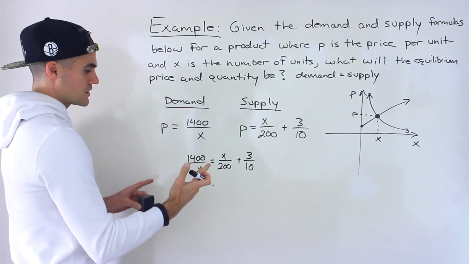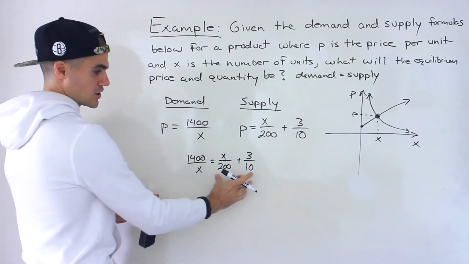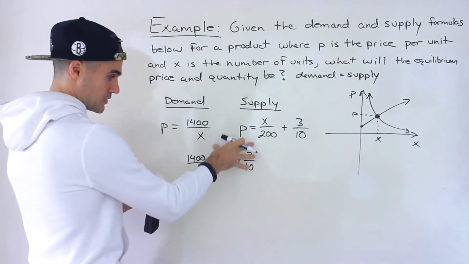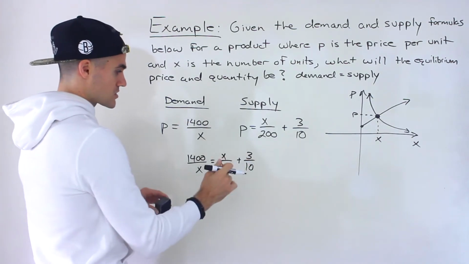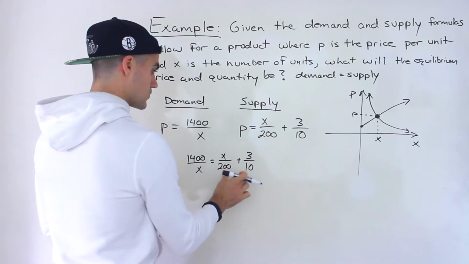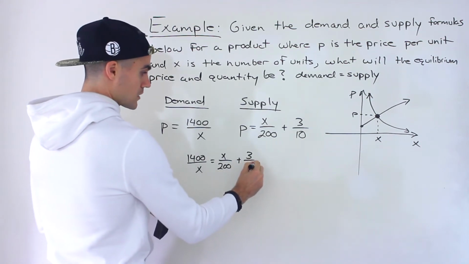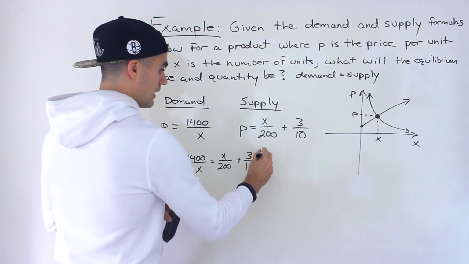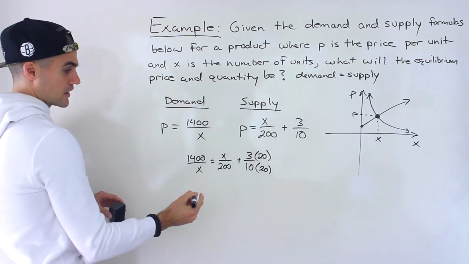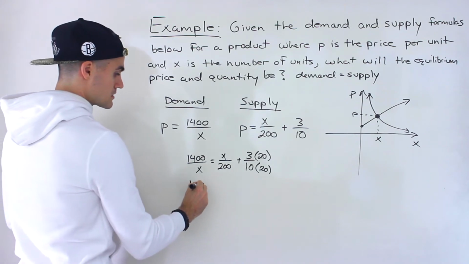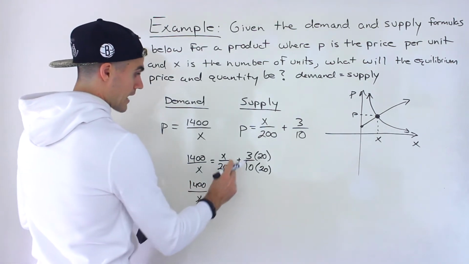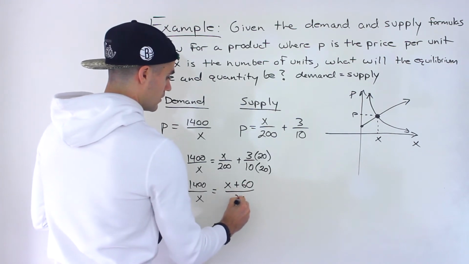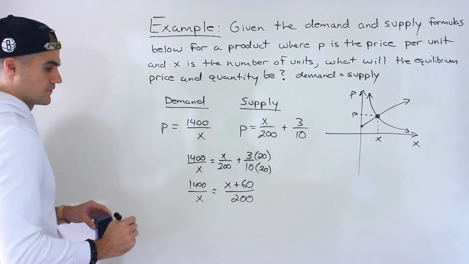What I'm going to do is combine this side into one fraction, and then once we have one fraction on this side, we can cross multiply. To combine it into one fraction, we need a common denominator. So we can multiply the 10 by 20, which means we have to multiply the 3 by 20. And so we can rewrite this as x plus 60 over 200, like that.